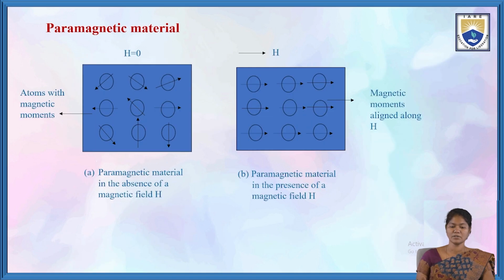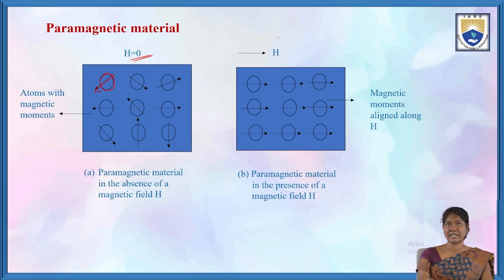Okay. So here in this diagram, atoms have random orientations of magnetic moments in the absence of a magnetic field, H equals 0.